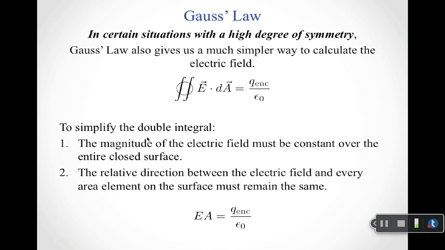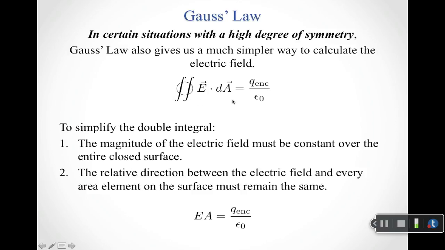Now, it can also be very useful when we have high degrees of symmetry to calculate the magnitude of the electric field. This is one of the ways that we're going to get around that ugly integral for calculating the electric field. If we think about the two equations that we were looking at on the very first slide, here was an equation for the electric flux, and all we've done is say that because Gauss's law is talking about the electric flux through a closed surface, this circle in our double integral is just telling us that we're talking about a closed surface rather than an open one.